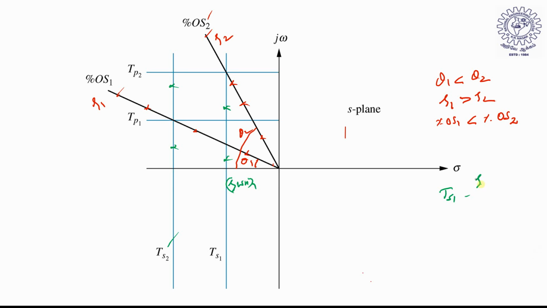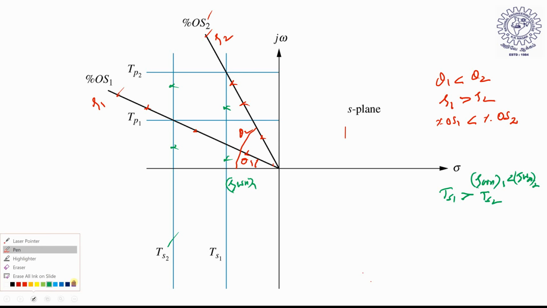Since zeta omega n 1 is less than zeta omega n 2, obviously your TS1 is larger than TS2, since TS is inversely proportional to the zeta omega n value. Along the same real axis the settling times are the same. If the real part is larger, your settling times are lesser.